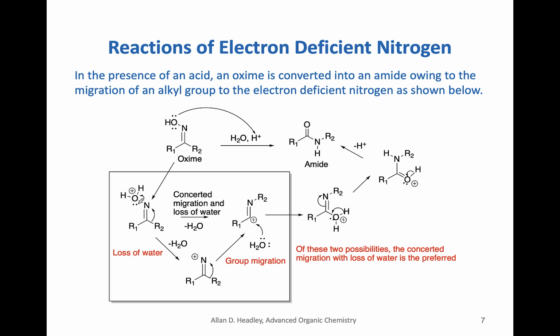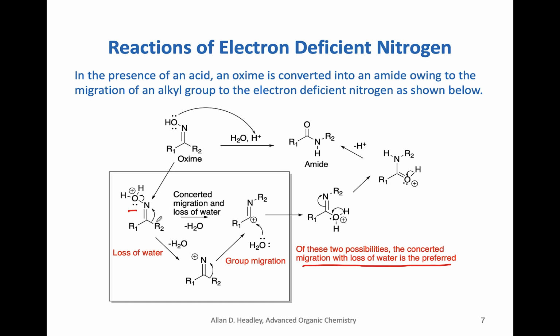Or we can lose water first to get this electron deficient nitrogen, and then this migration occurs. It's been suggested and proven that the preferred route is right here.